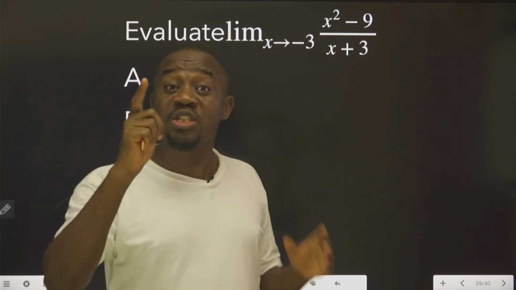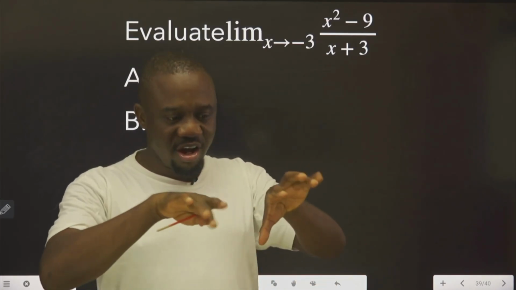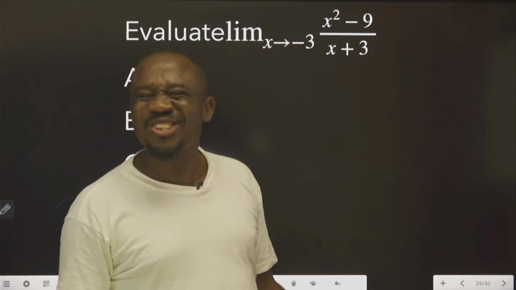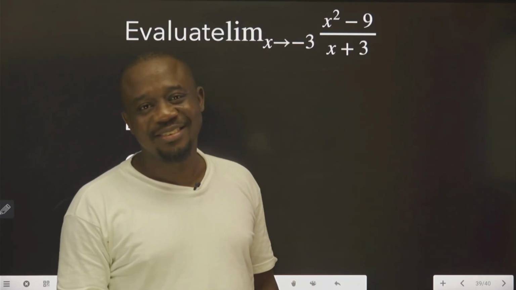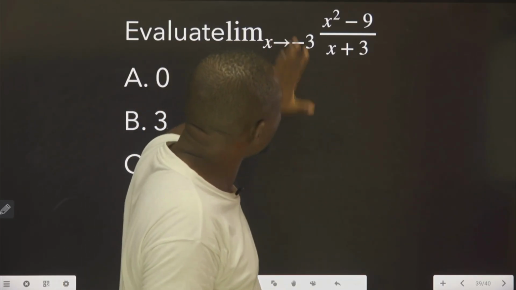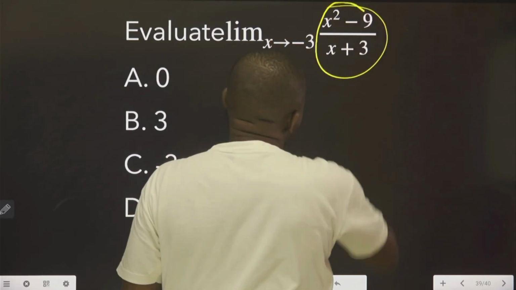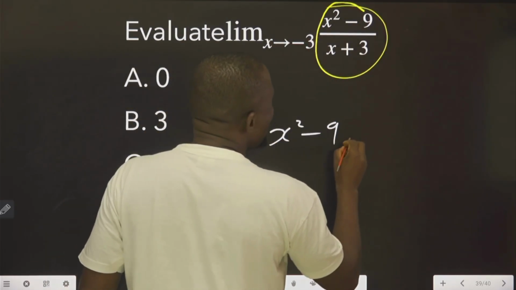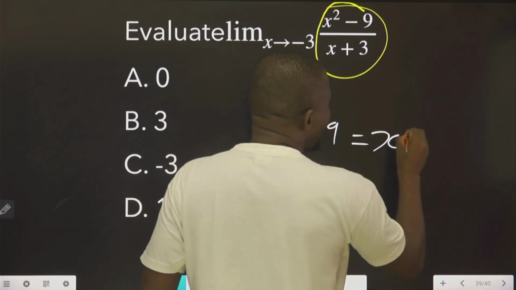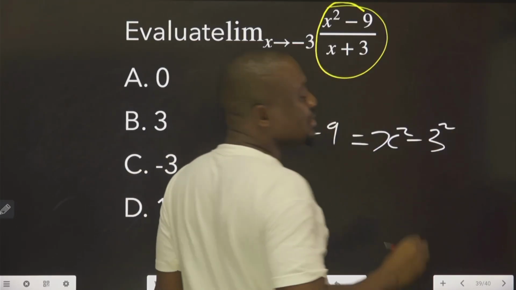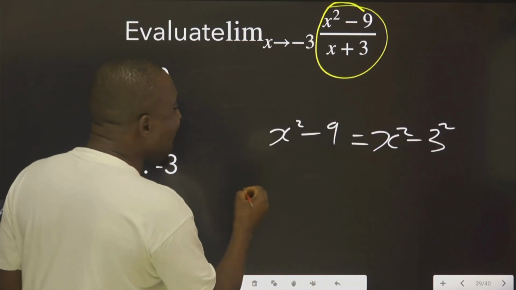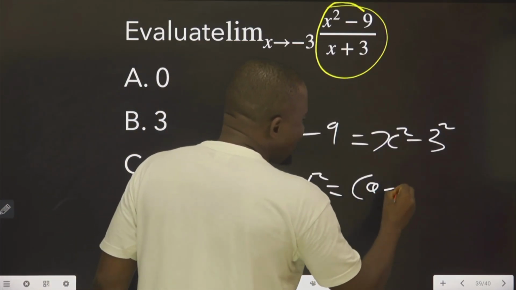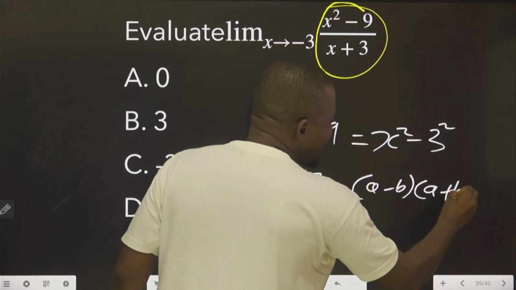I remember one day I was teaching, I saw a comment. The person said, just substitute. You don't substitute like that. All you have to do, first of all, is simplify these. As you can see, this is s raised to power 2 minus 9, which you can also write as s raised to power 2 minus 3 raised to power 2. Anything like this, you can write as a minus b, a plus b.